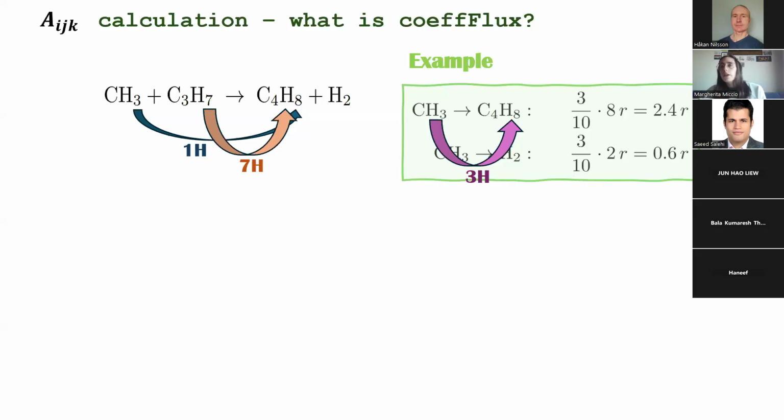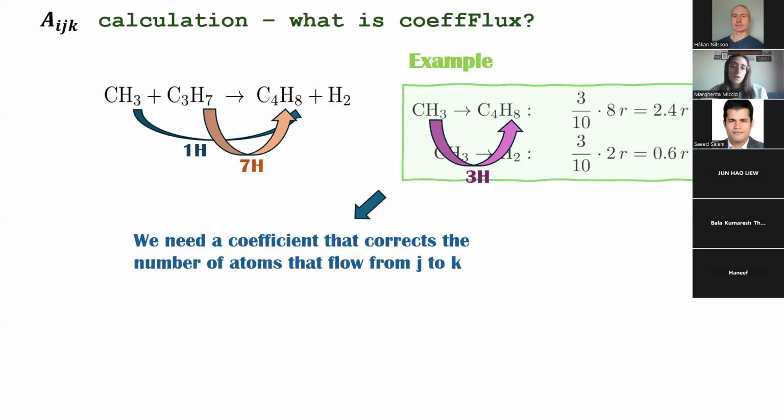So if we implement the formula as it is so far, we would introduce an error, and we need something that corrects this element flux. That's why we need this coefficient that needs to correct the number of atoms that will flow from the species J to the species K.